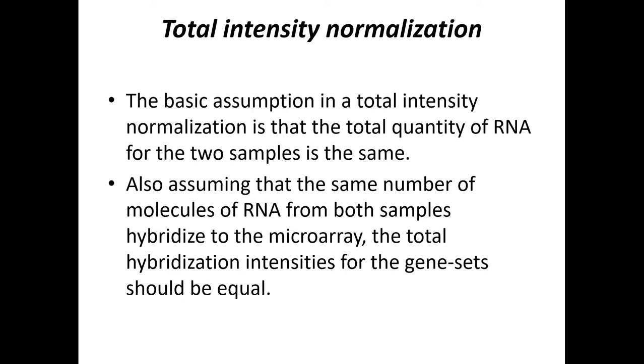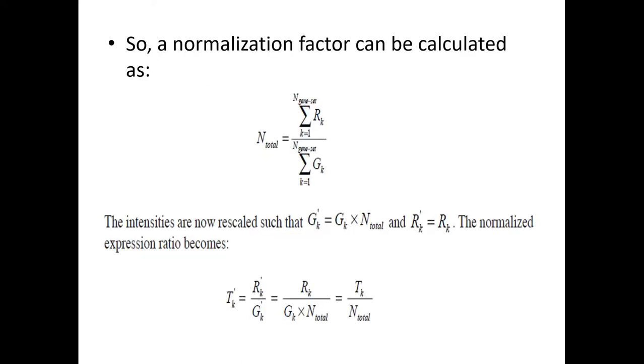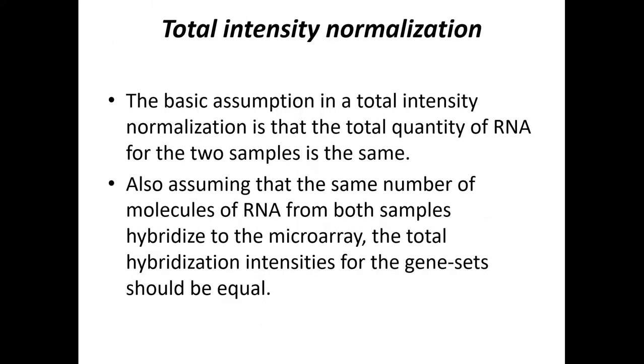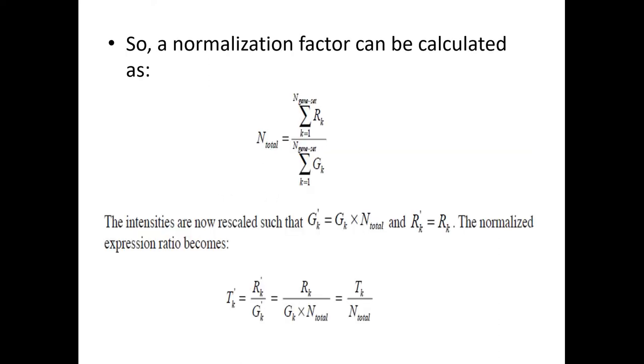In this method, the total hybridization intensities for the gene set are assumed to be equal. So the normalization factor can be calculated on the basis of the selected gene set, the housekeeping genes.